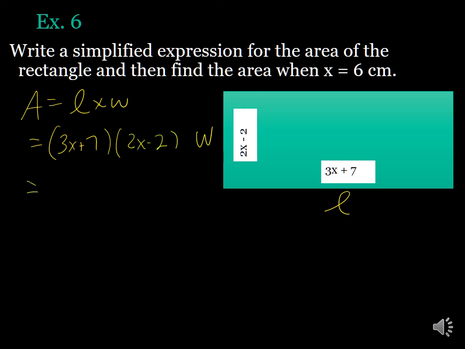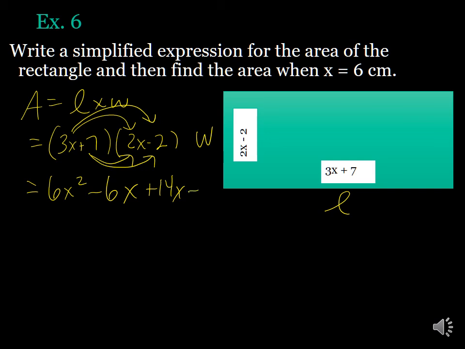And we've just done a whole lesson on what to do when you have to multiply binomials. First times first, 3x times 2x, 6x squared. 3x times negative 2, negative 6x. Inside, 7 times 2x, 14x. And then last, 7 times negative 2 is negative 14.